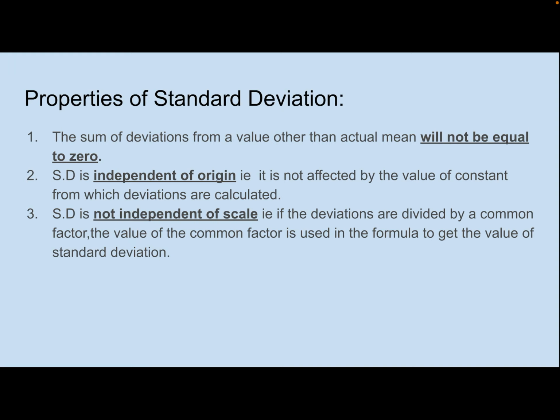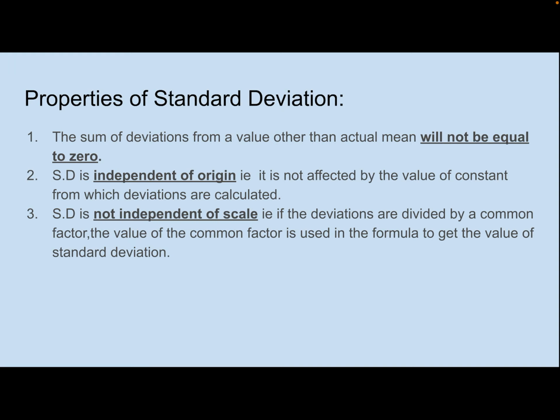Another important topic, properties of standard deviation. Students, standard deviation fulfills the following criteria. Number 1, the sum of deviations from a value other than actual mean will not be equal to 0.